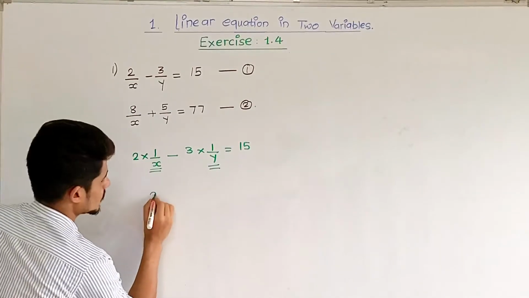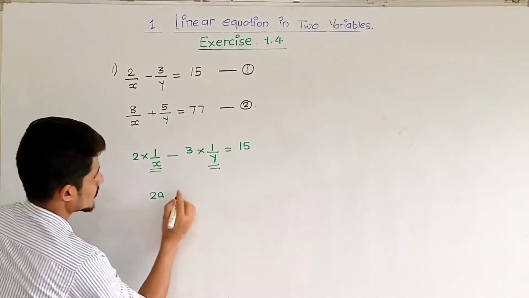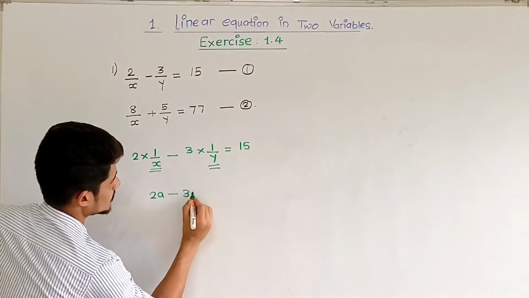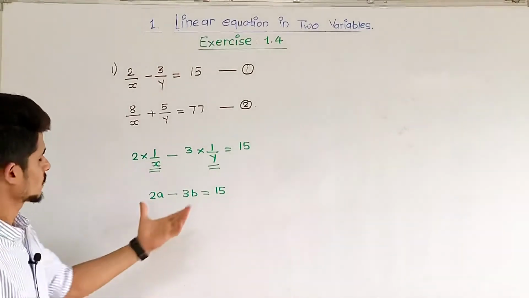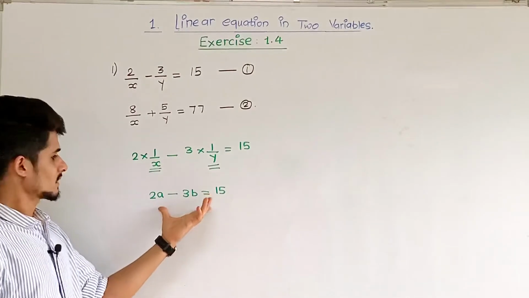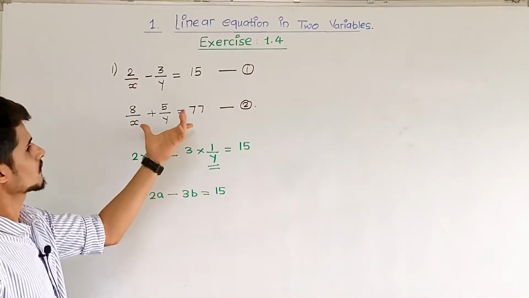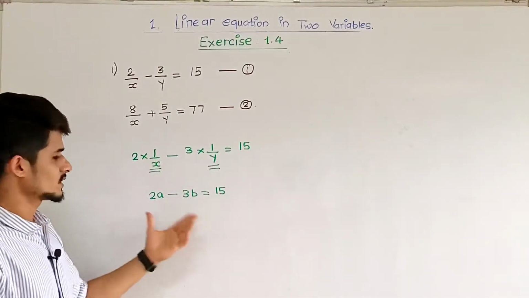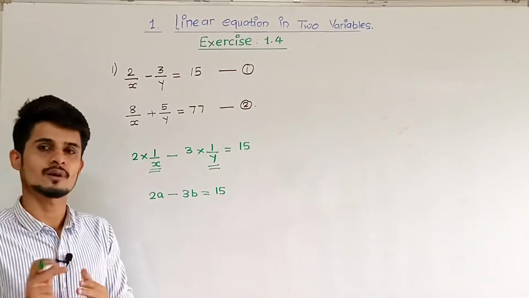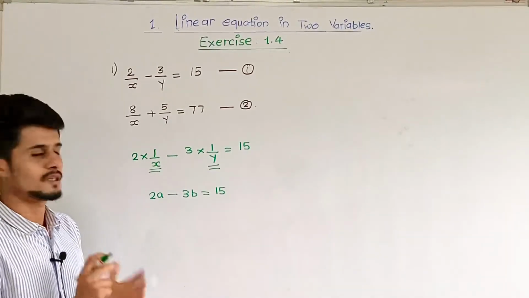After substituting, it will look like this: 2a minus 3b is equal to 15. So once we get this equation, similarly we have to solve it for equation 2, and once we get both equations, we just have to solve them as we have solved in exercise number 1.1.